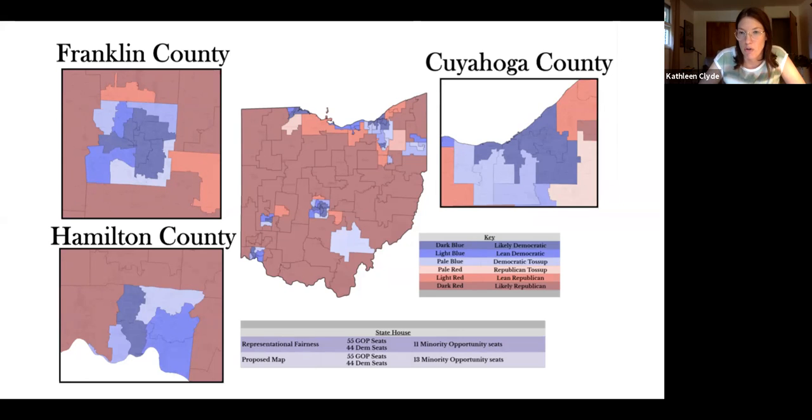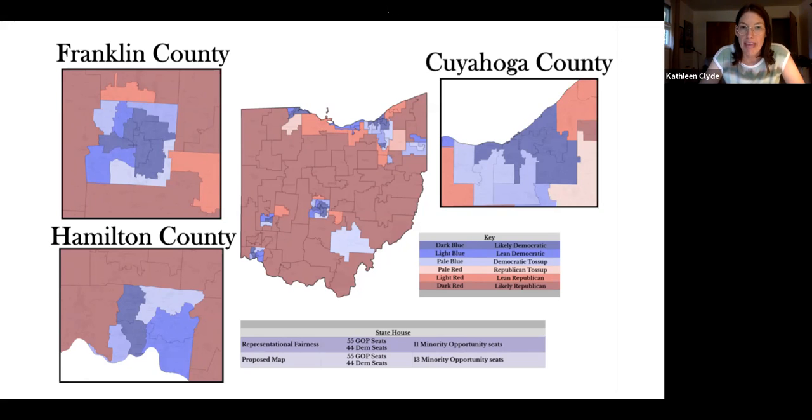And this is also where many of the Democratic districts are that help achieve that overall representational fairness requirement. If you just look at the maps, it's easy to forget how population density is throughout Ohio. So it looks like, wait a minute, this is a fairly even split. It looks very red, but that's because of the population in our urban counties and the larger number of districts that are in these counties based on their population.